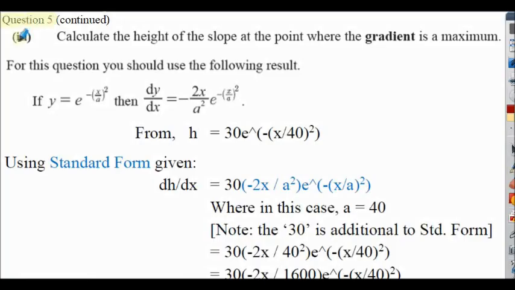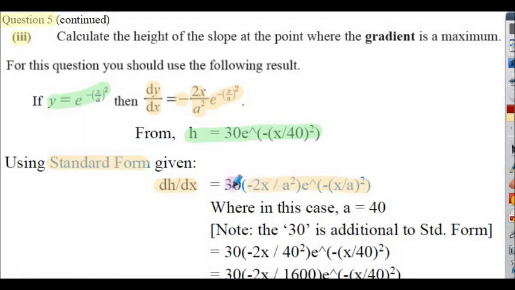Question 5 continued, here's part 3. So here's the full work solution. So we'll be using our standard form here. So given our function in this form, shown here for h, we'll be using our standard form, shown here, to find a solution for dh by dx, shown here.